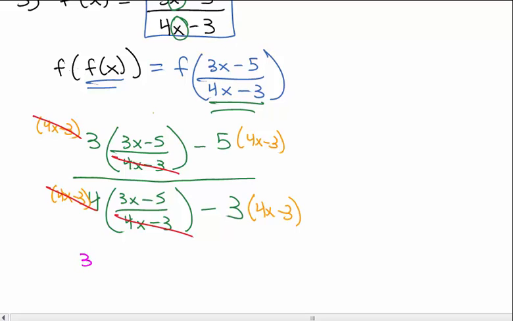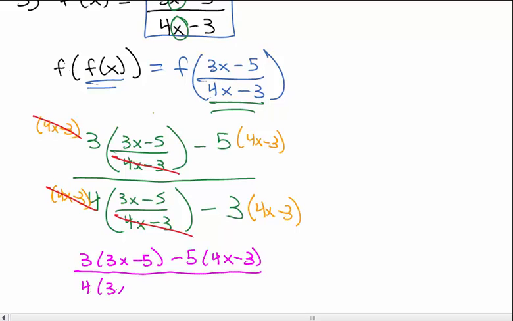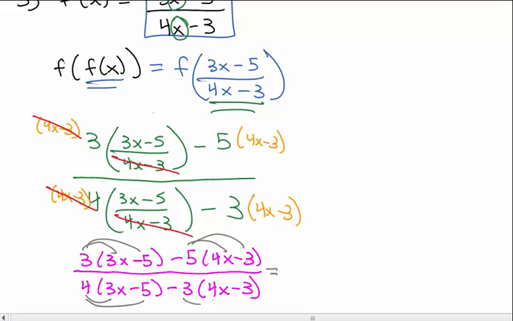And so we're left with 3 times 3x minus 5 times 4x minus 3 over 4 times 3x minus 5 minus 3 times 4x minus 3. Not difficult here, just a little bit of algebra, distributing through top and bottom.